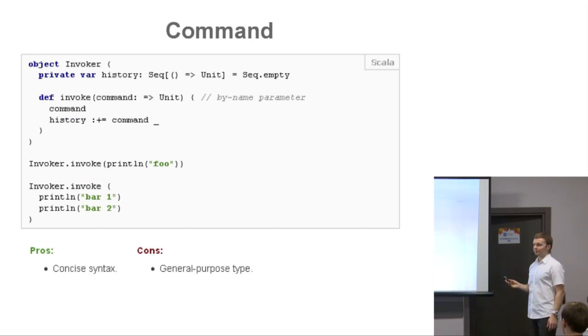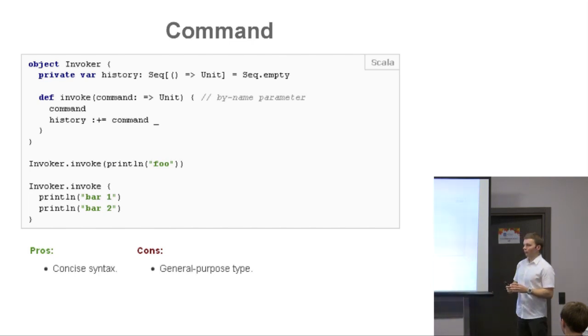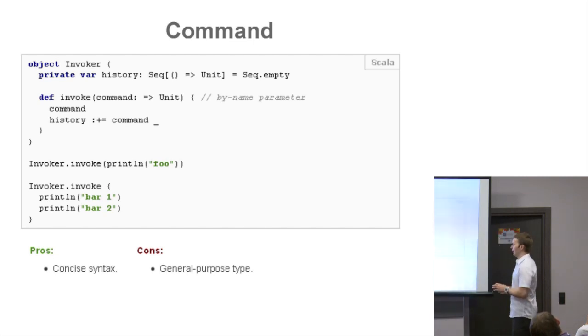In Scala, we can use so-called by-name arguments. A by-name argument is a special kind of argument that has a special syntax, and every argument that we pass to a by-name parameter is not evaluated at the place of passing.